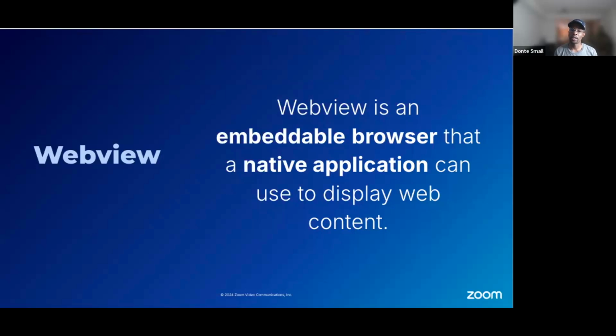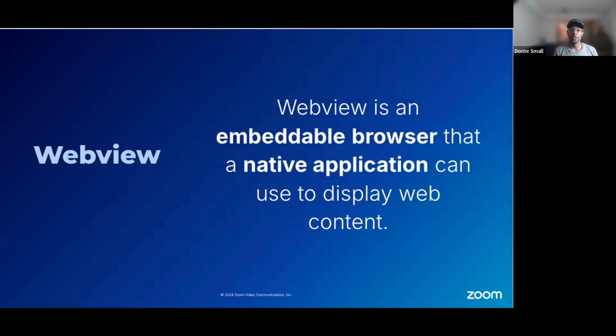So when we put these two concepts together, we have native application and embedded browser. Zoom apps function as a website running within Zoom's web browser. It has custom hooks for interactions and APIs, which provide developers with greater advantages for extending their app beyond the context of a browser.